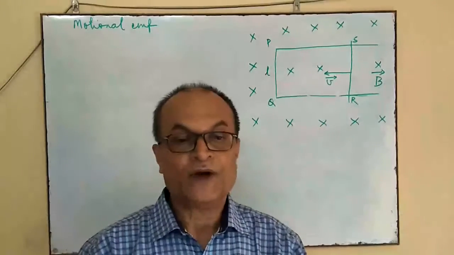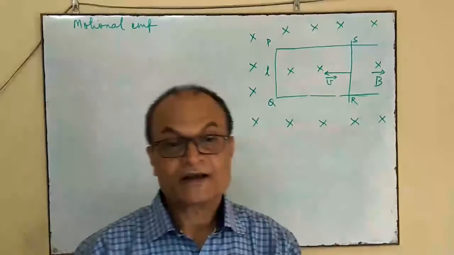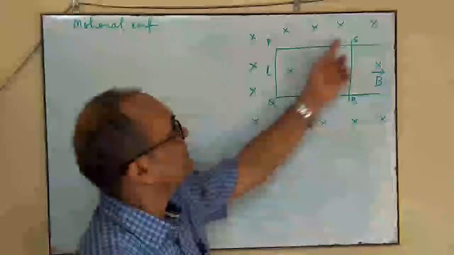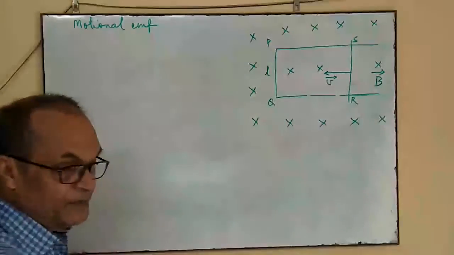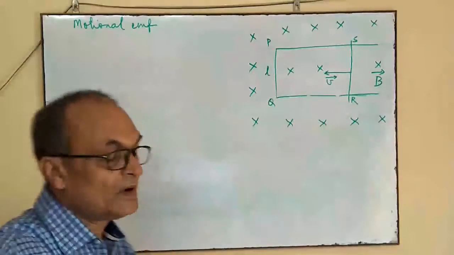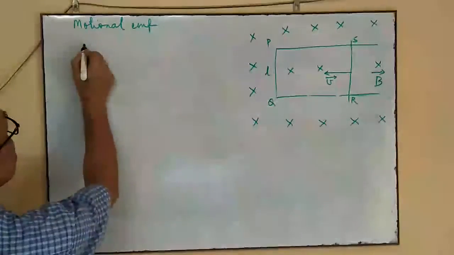Now we are going to find out first the magnetic flux linked with this loop. So phi B, this is the magnetic field.